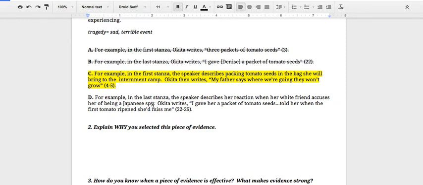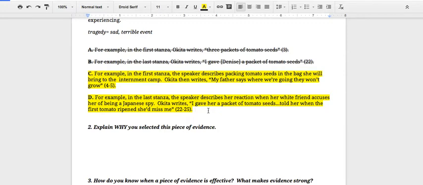We do have a sense of tragedy. It is a bad thing for a friend to accuse you of being a spy, for a friend not to trust you. And we have the symbol idea, giving the friend the seeds and saying that the ripening of a tomato represents missing someone. D could definitely work.